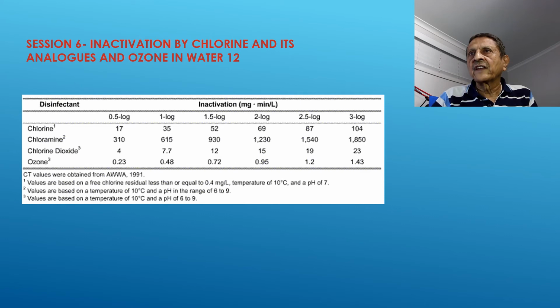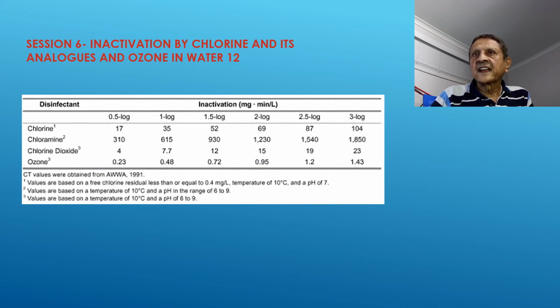At 2.5 log, you need 87 milligrams per liter per minute. And for 3 log, 104 milligrams per liter per minute. Ozone, it's only 1.2 milligrams per liter per minute, and for 3 log, 1.43 milligrams per liter.